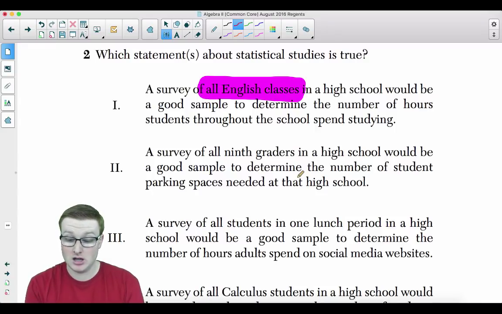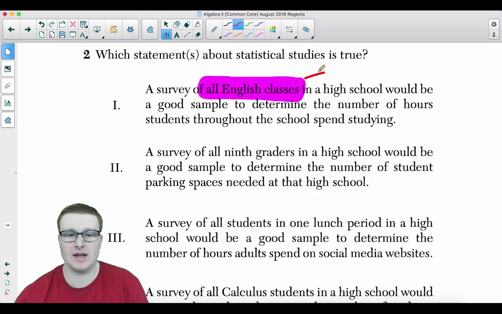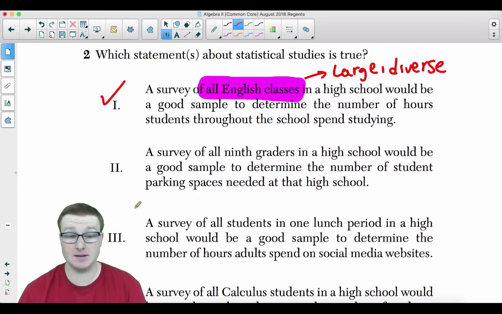That means you were asking kids who are in advanced levels, as in honors classes or humanities. You're asking in AP level courses. You're asking for the regular courses, and you are asking kids who are in remedial courses. So that's a large, diverse group of people. We want large and diverse. So that's a true statement.